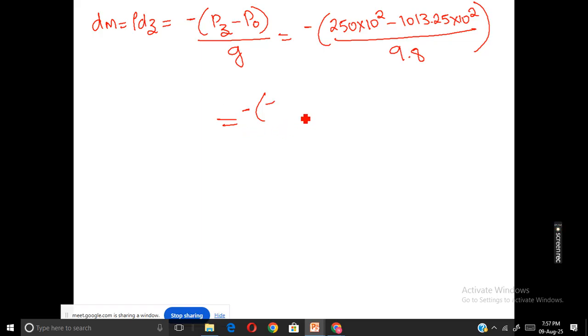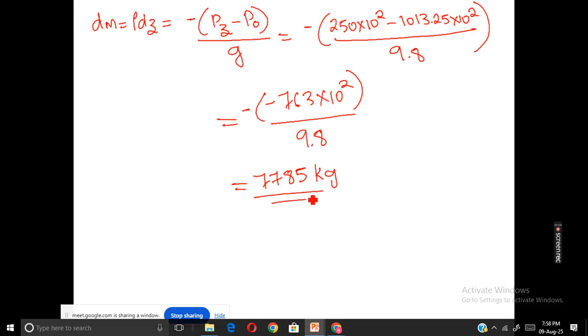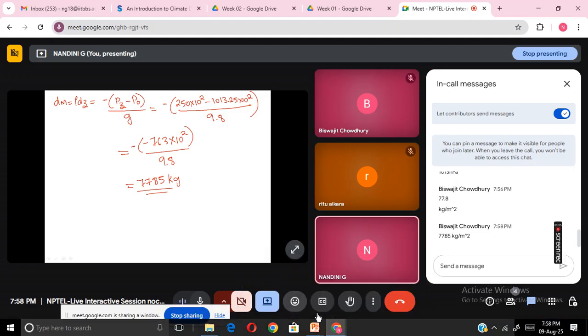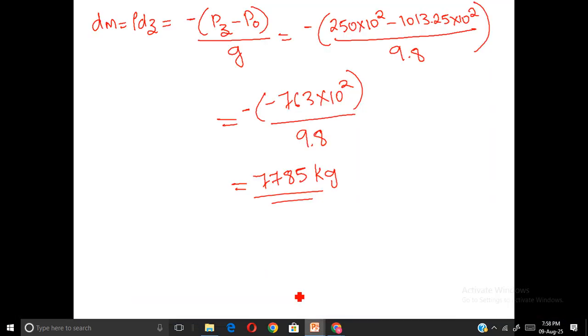It will be minus of minus 763 into 10 raised to 2 divided by 9.8, which will be 7785. Yes. So this is the answer, 7785 kilogram per meter square.